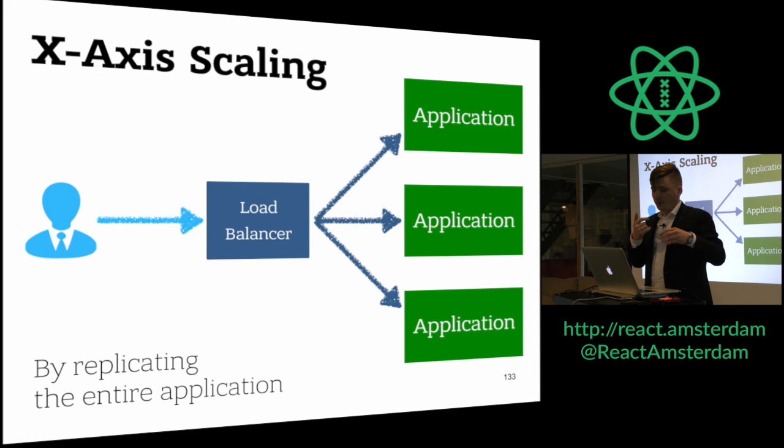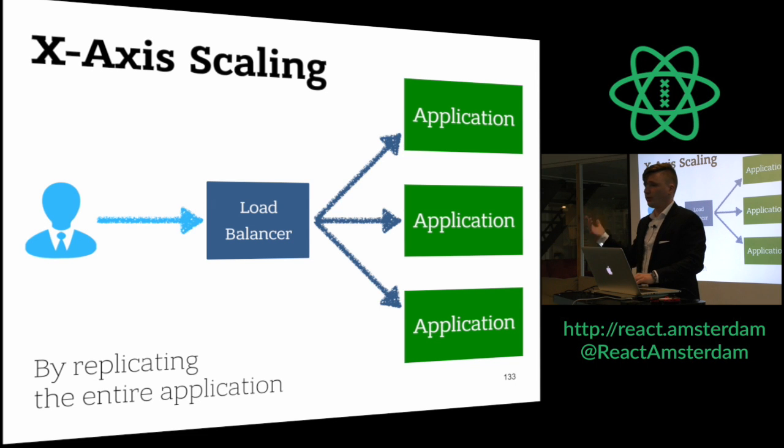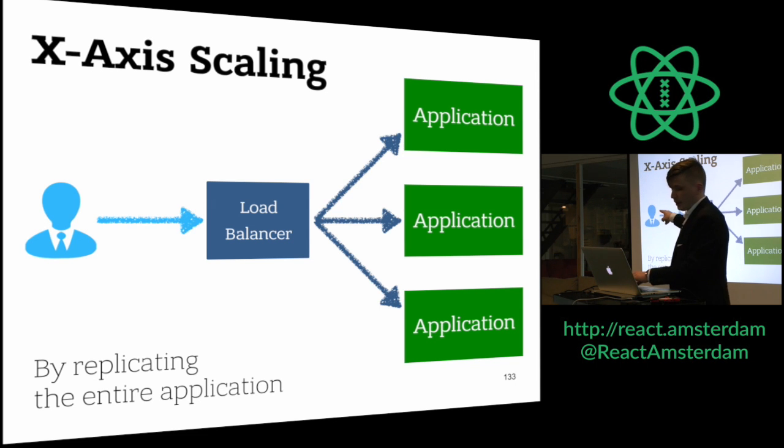The X dimension is when we scale our application by replicating components. For example, we have one instance, and we can run some copies, for example 3 or more. It will be horizontal X scaling.